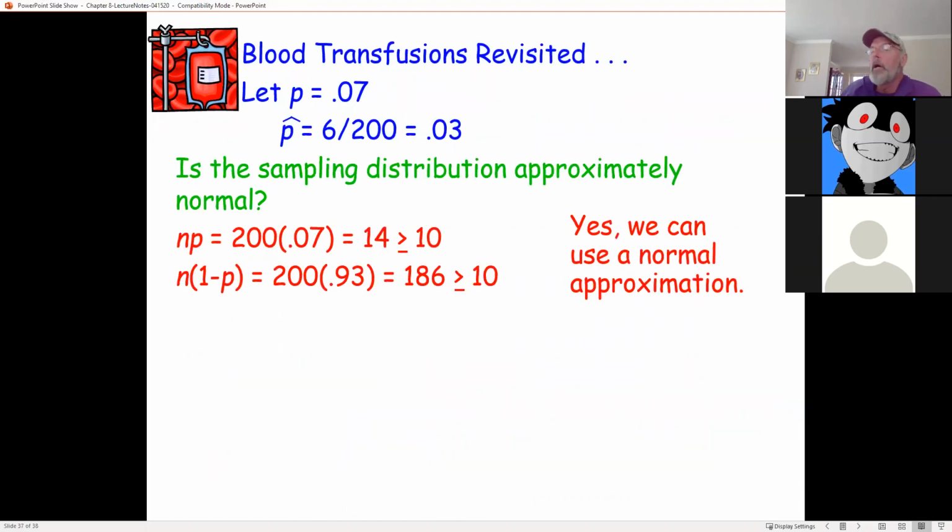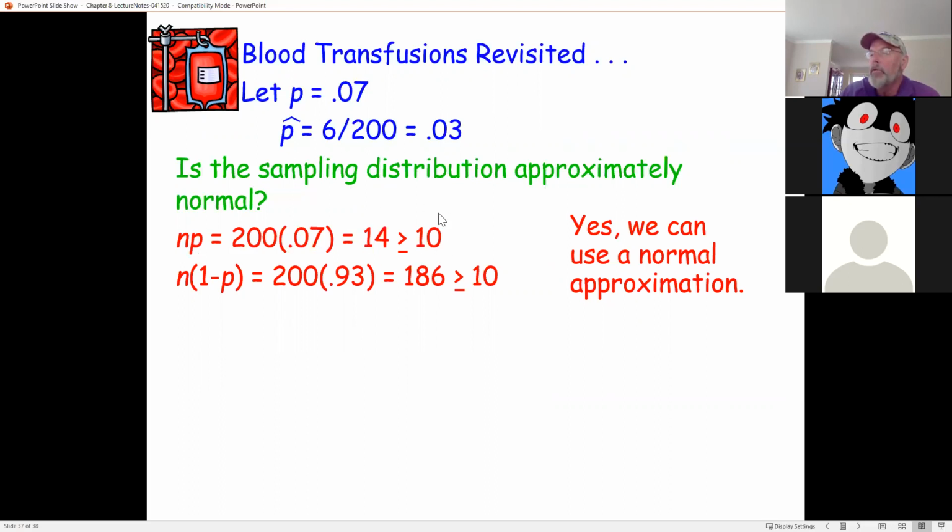All right, so here is what I'm suggesting to you. The assumptions that we have to make to give us a sampling distribution that's approximately normal: we have a sample size of 200 for a proportion of 0.07.